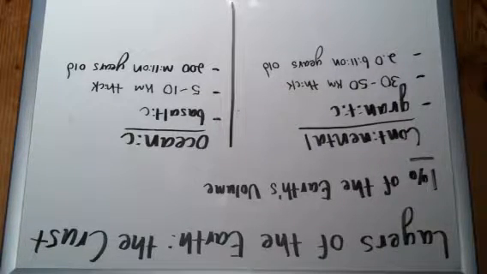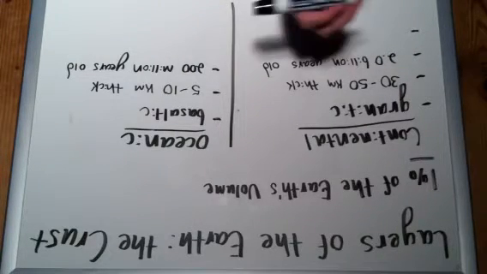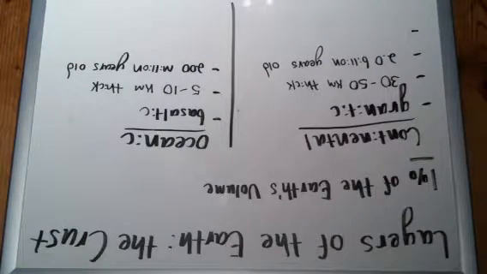And finally, continental crust is almost always less dense than oceanic crust, a lower density, meaning a lower mass to volume ratio.